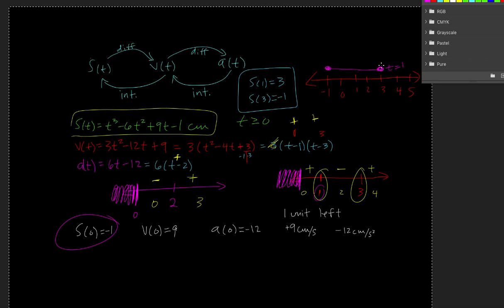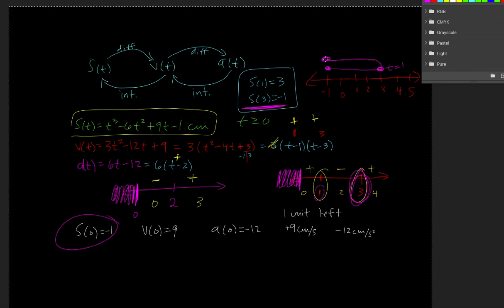And we travel back until we get to -1, because at 3 seconds we're at -1 again. And then we change directions right there, and we switch back.